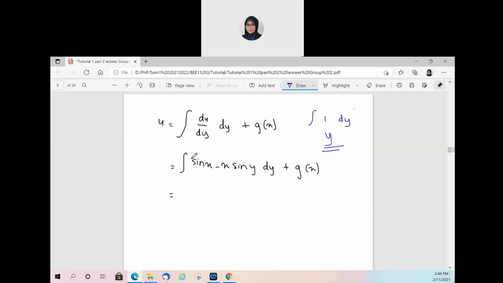Okay, so you integrate sin x dy. You get y sin x. Betul. Then minus, you integrate x sin y dy.